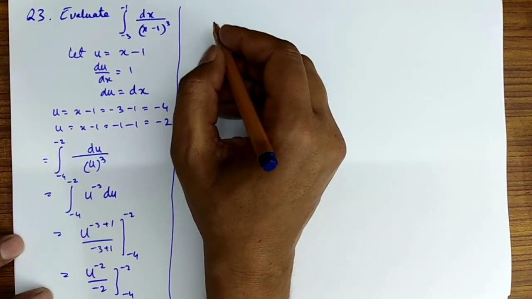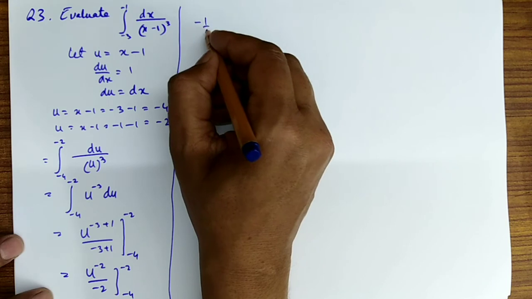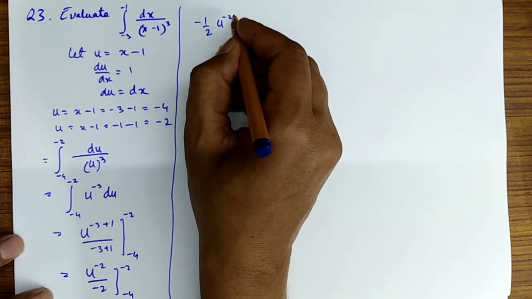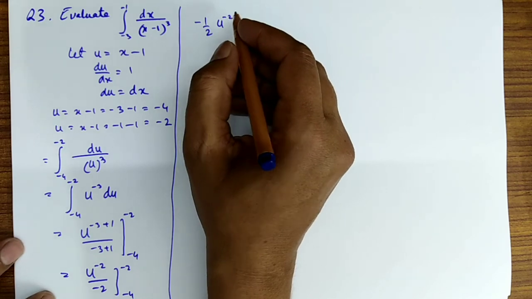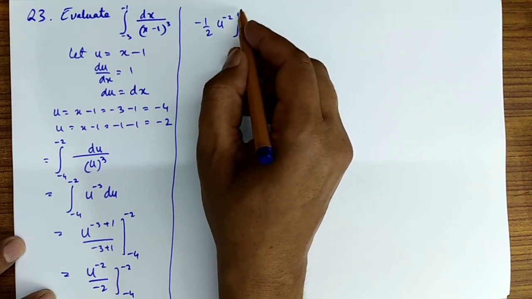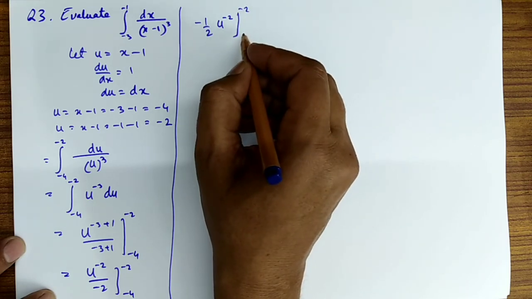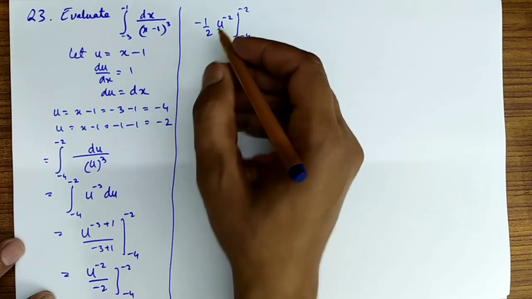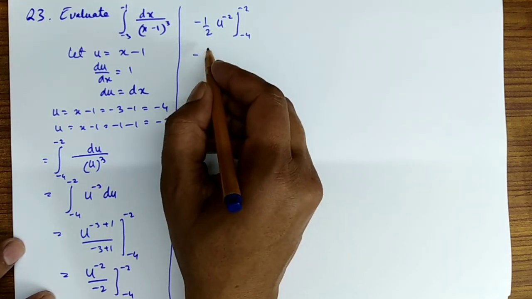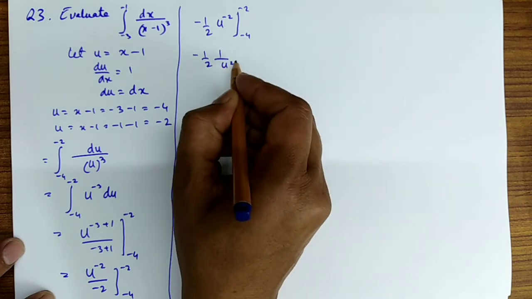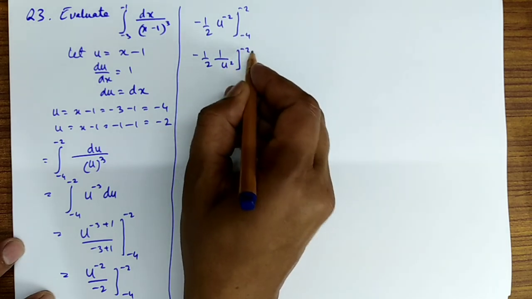Now take this minus 2 outside here, minus 1 upon 2 u power minus 2, or we can take this u into the denominator again by saying minus 1 upon 2, 1 upon u square, minus 2 to minus 4.